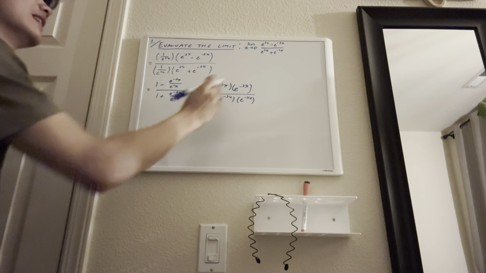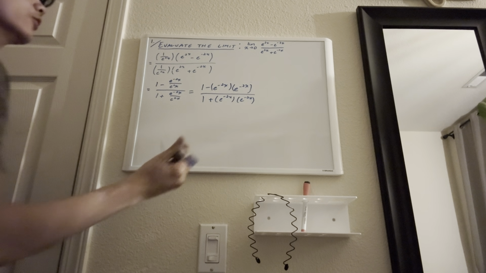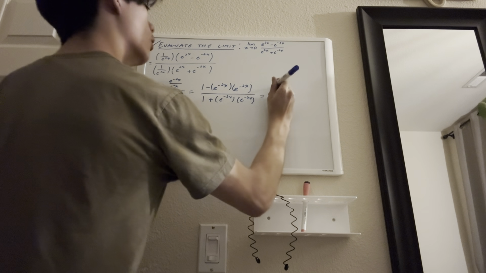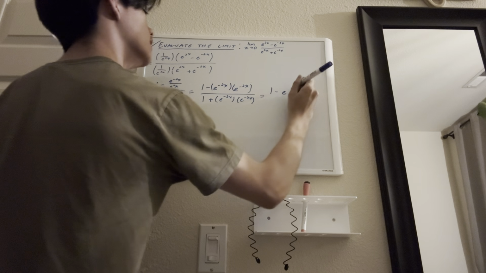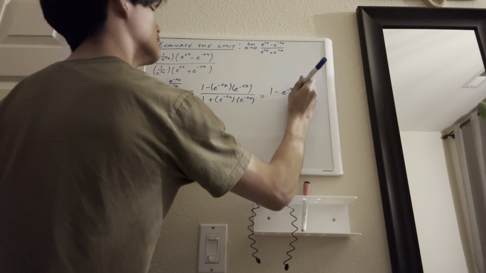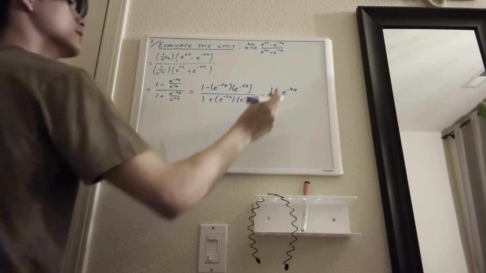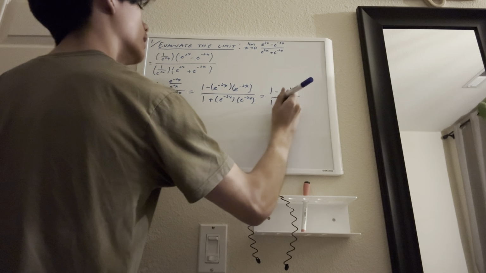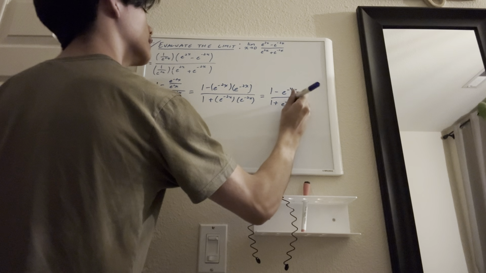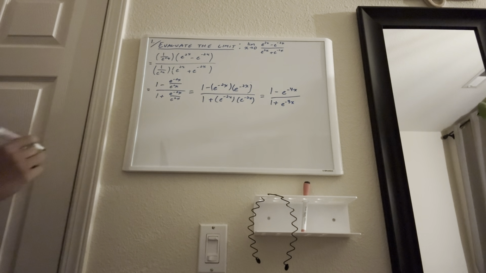So that would be equal to 1 minus e to the negative 4x, since negative 2 plus negative 2 equals negative 4, over 1 plus e to the negative 4x.